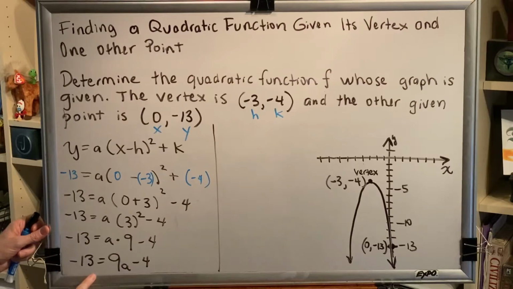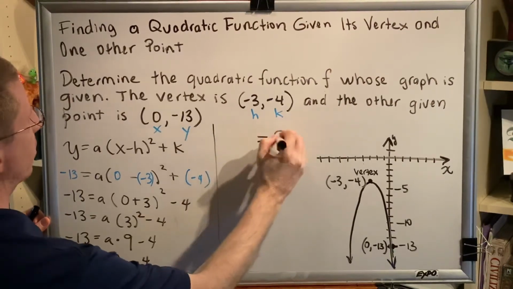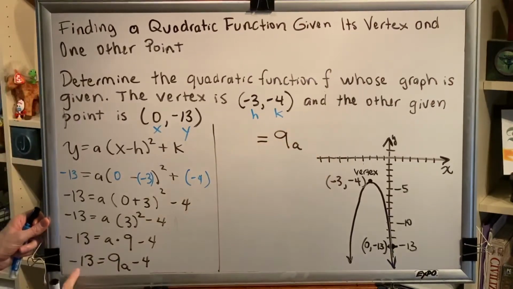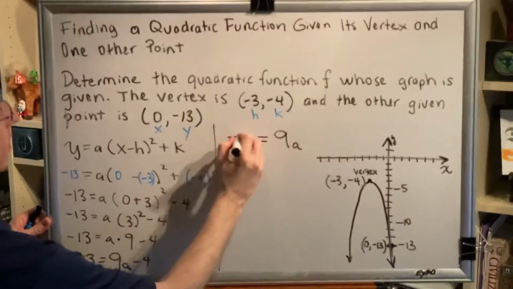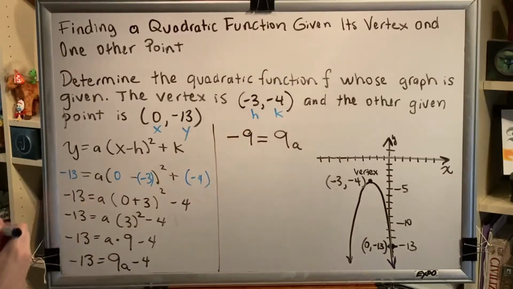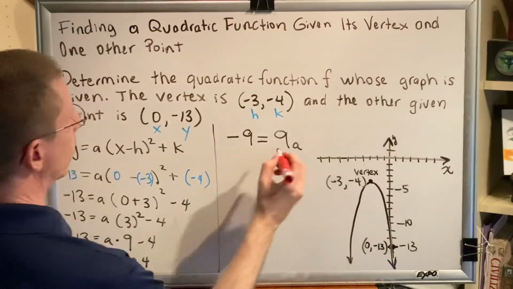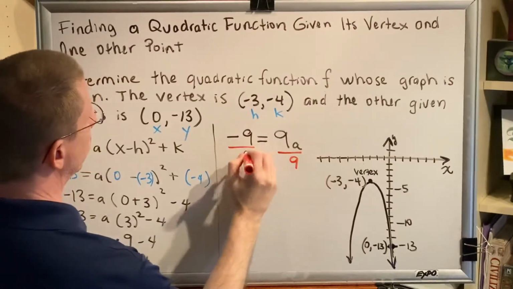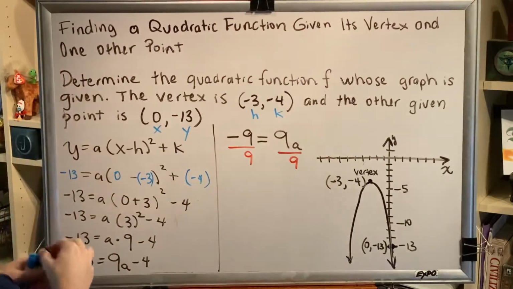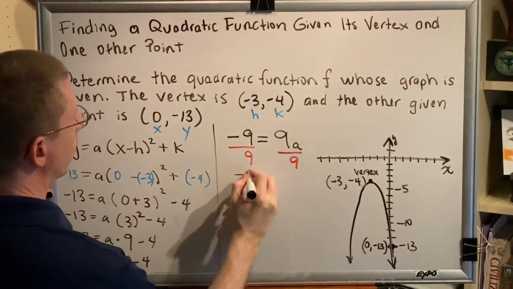Now I'm ready to solve for a. Add 4 to both sides. On the right-hand side, the -4 and the +4 cancel, leaving just 9a. On the left side, -13 plus 4 is -9. Now divide both sides by 9. And we get -1 equals a.